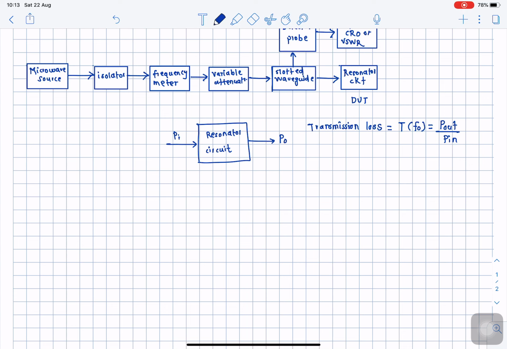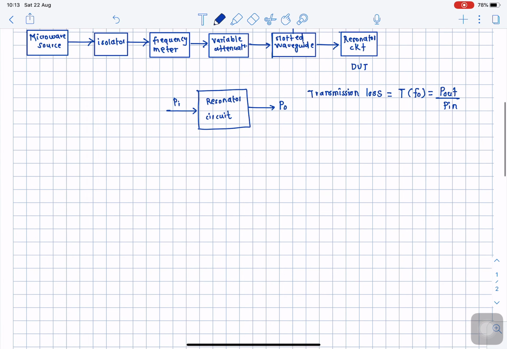Okay, now unloaded quality factor. So here we should have the relationship of unloaded quality factor rather. So how is it given? The unloaded quality factor Q0 is given in terms of loaded quality factor QL into bracket 1 plus beta 1 plus beta 2.